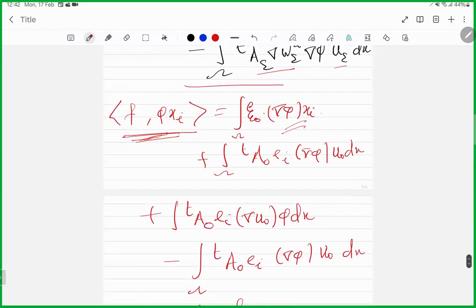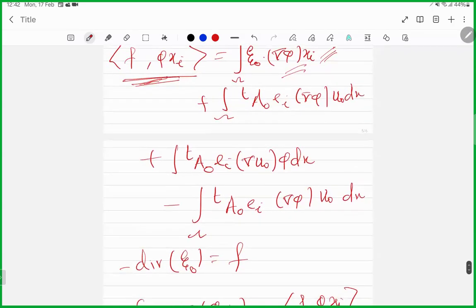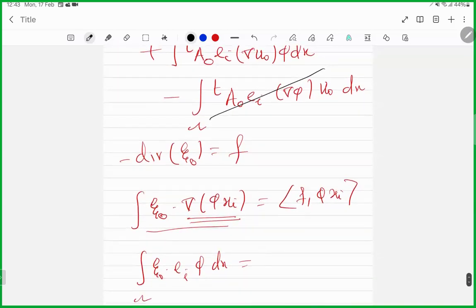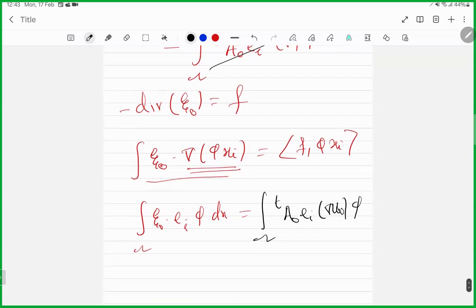On the right hand side, this has gone to the left hand side. What remains is here, but here you see this term is the same as this term with the negative sign, right? So they go off. What remains is just this. So what you have on the right hand side is the integral over omega of EI grad u naught phi, or in other words, let me just write it better.